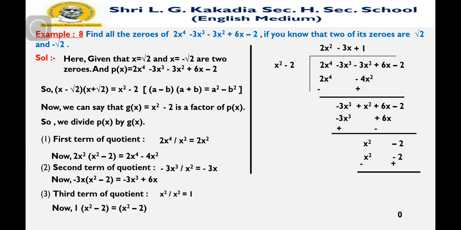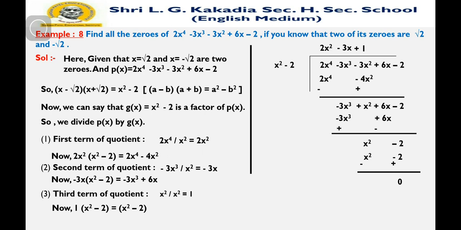The remainder is 0. So whenever we divide a dividend by a divisor and at last we get remainder as 0, then we can say that the divisor is a factor of the dividend, that is g of x is a factor of p of x.